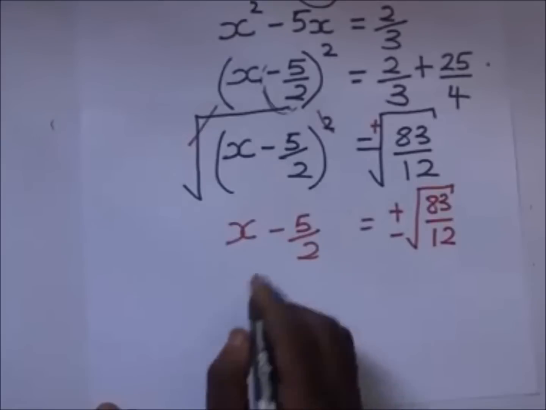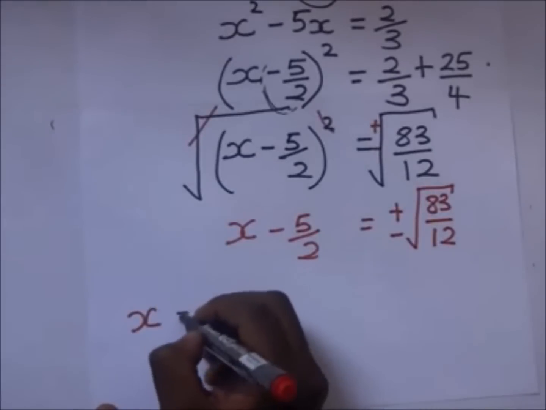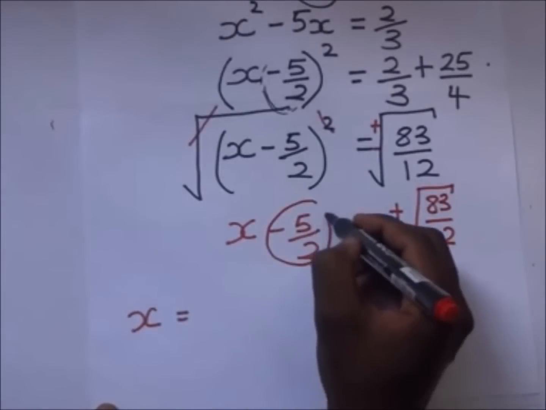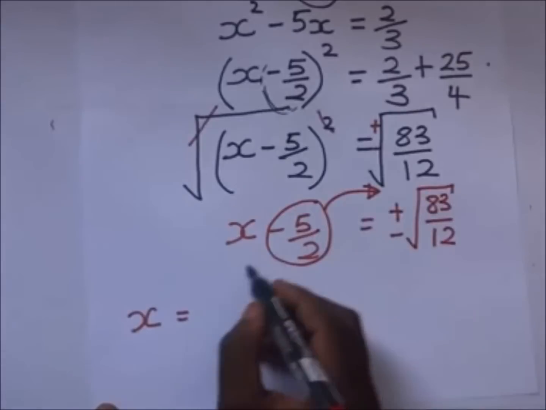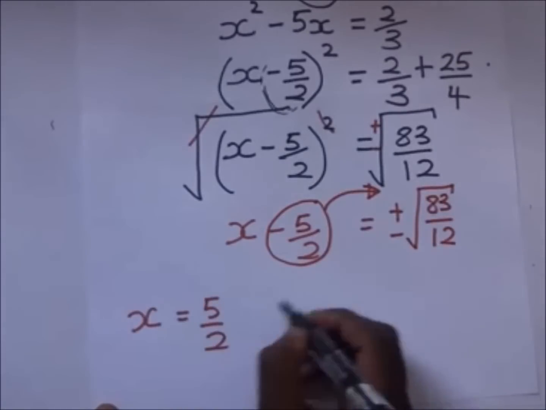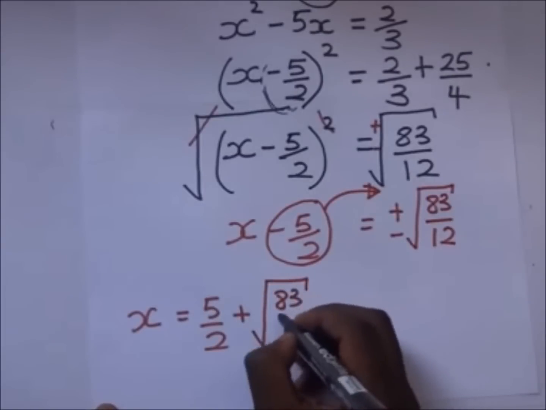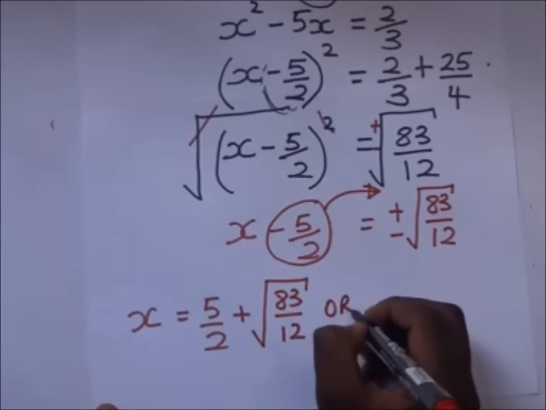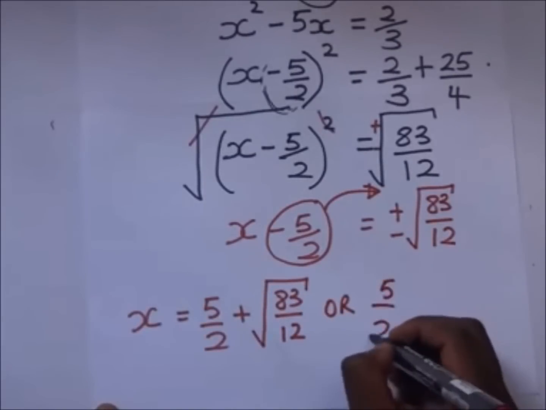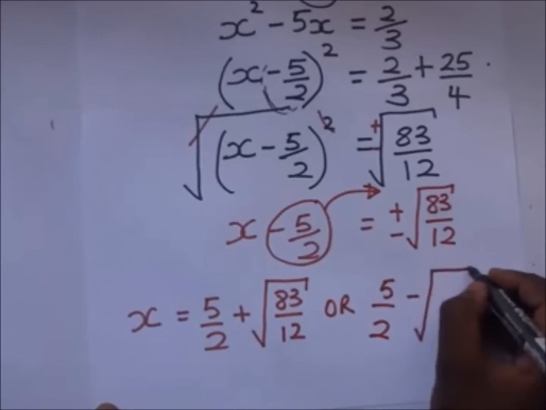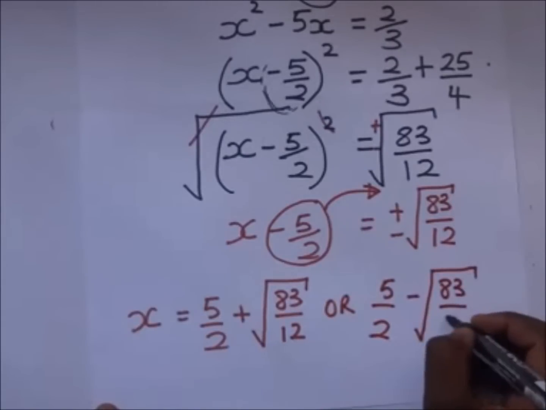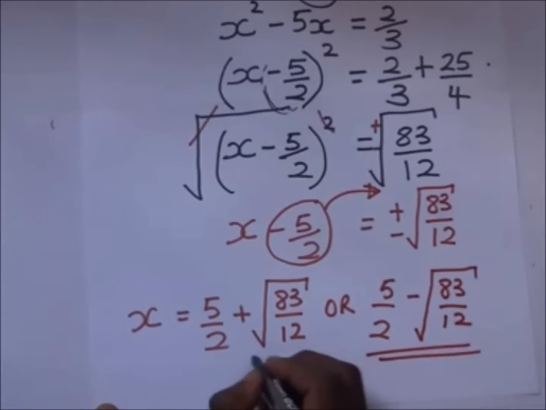And so the value of x will be, when this 5 over 2 crosses to that side, 5 over 2 plus the square root of 83 over 12, or 5 over 2 minus the square root of 83 over 12. These are our two values of x.